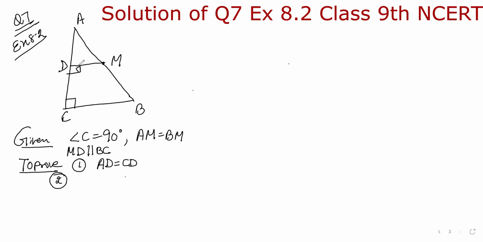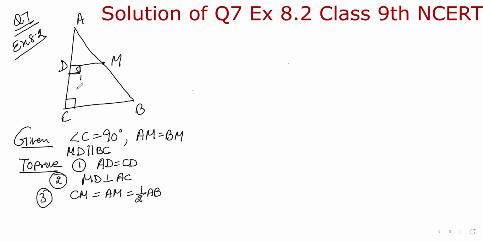That means angle 1 is equal to 90, or we can say directly MD is perpendicular to AC. Third thing which we have to prove here is CM equal to AM is equal to half of AB. Okay?